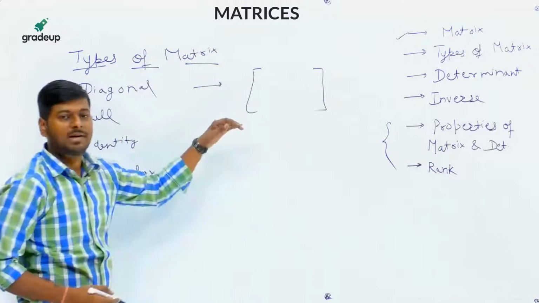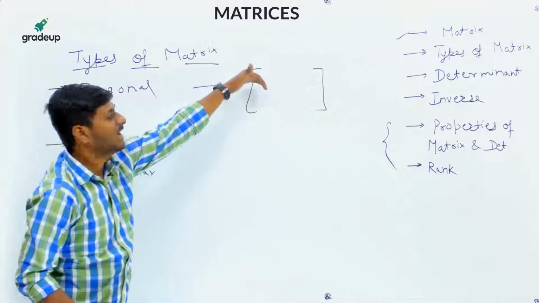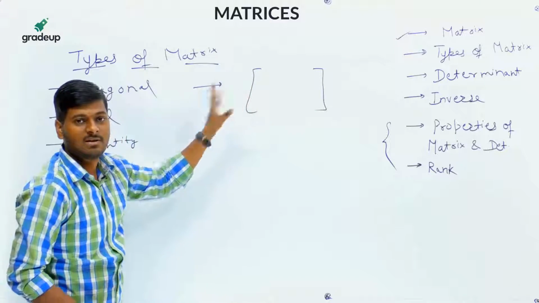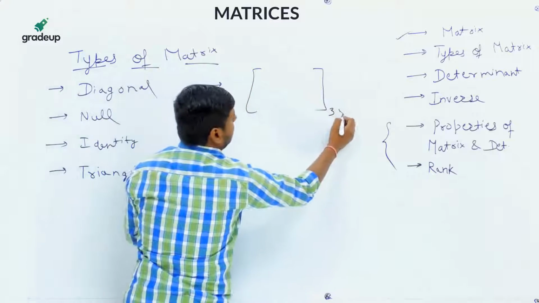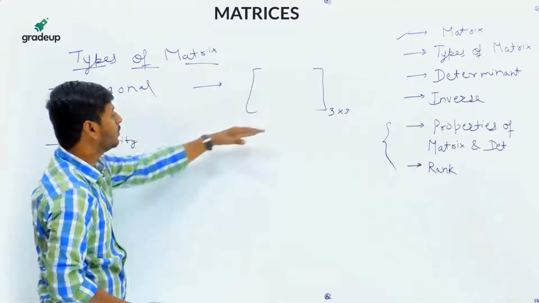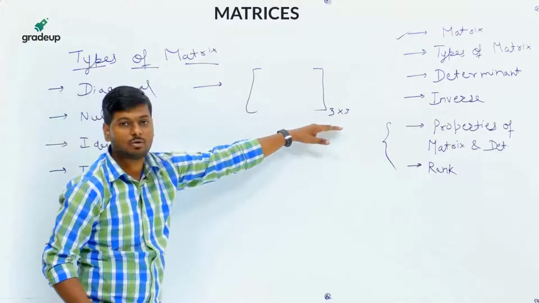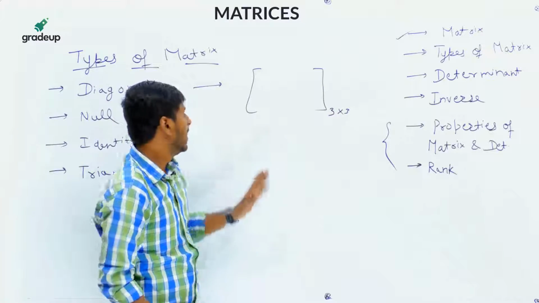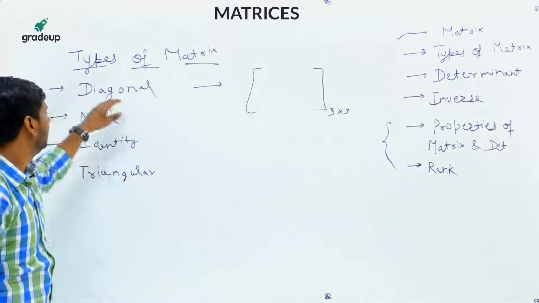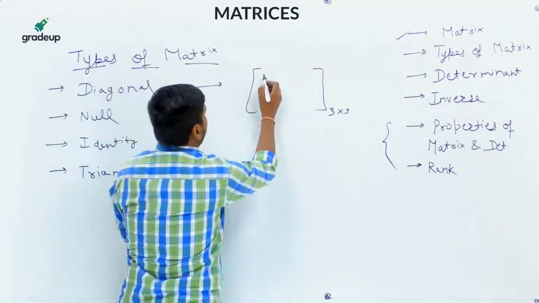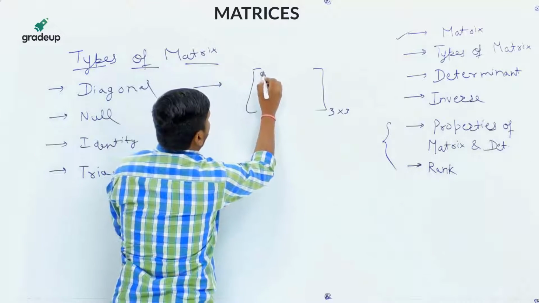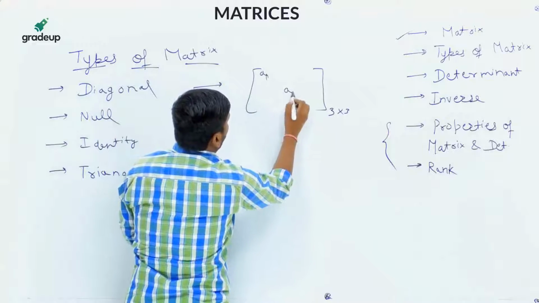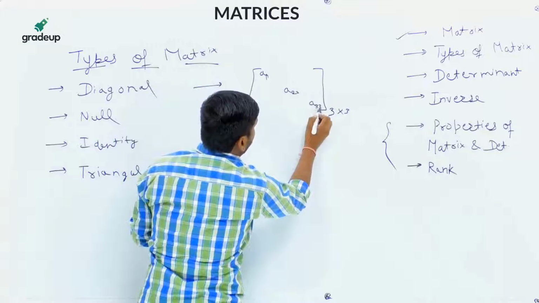In a diagonal matrix, only diagonal elements have some values while all other elements will be 0. For example, we take a square matrix of 3 cross 3. Only square matrices. Square matrices are those matrices in which the number of rows and number of columns are equal. Only for square matrices we have diagonal matrices. So diagonal elements are A11, A22 and A33.